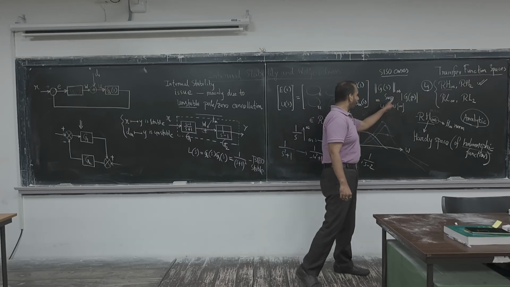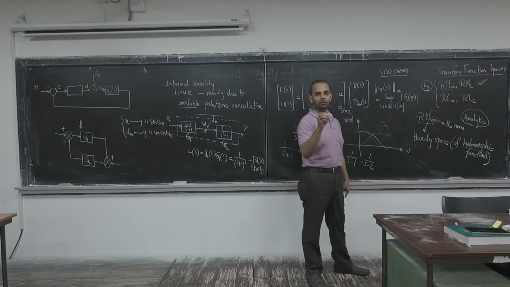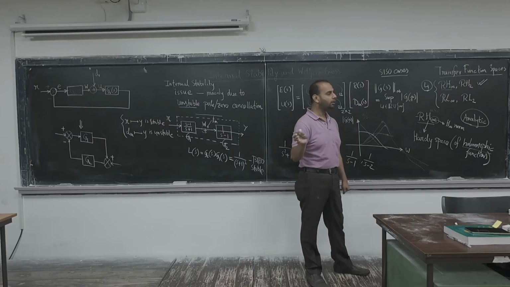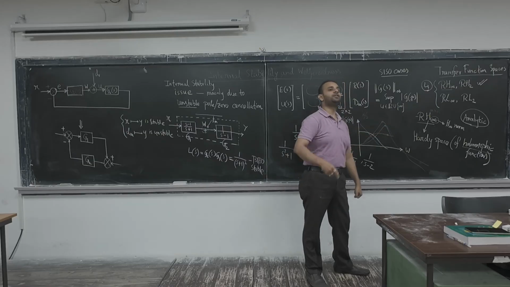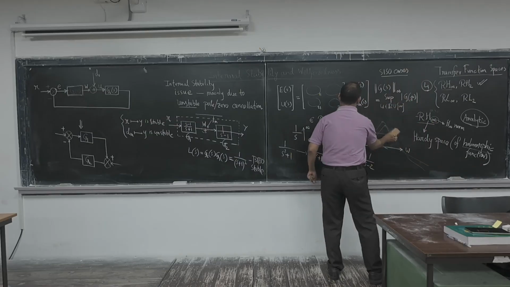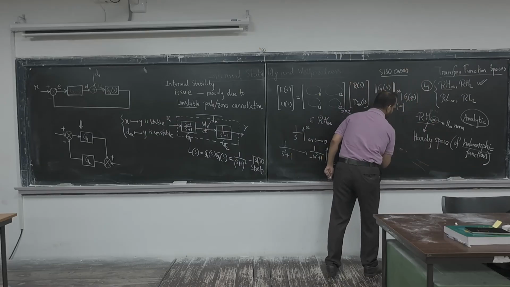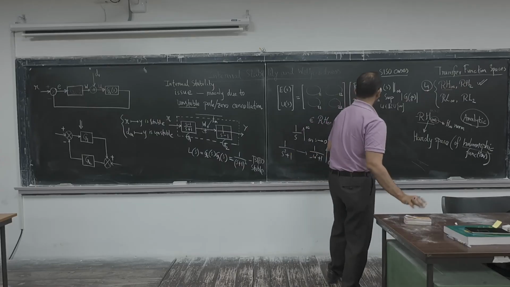Because for that I would need singular values, which at this moment may not be known to all of you. Sigma max of the transient and the steady state. If at the infinity point it doesn't exist, there will be a break during the transient condition. That's why the infinity point is equally important.